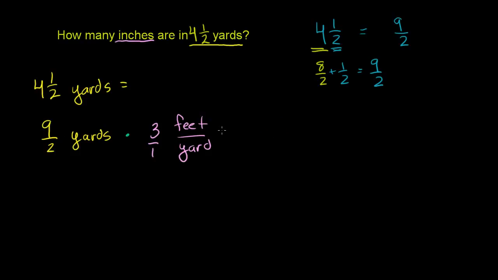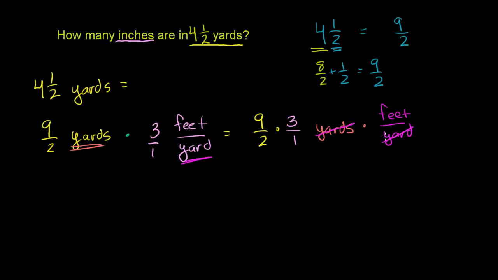So this is equal to 9 over 2 times 3 over 1 yards. This yards right here, I'll do it in orange. Yards times feet per yard.